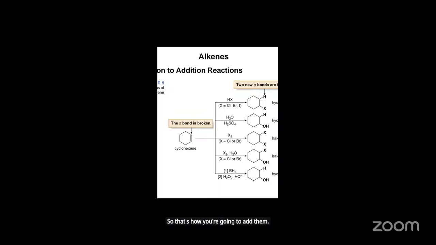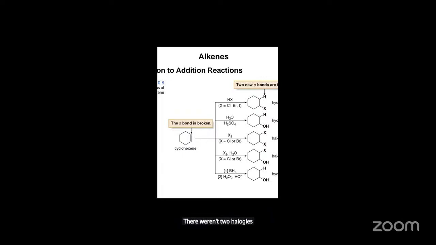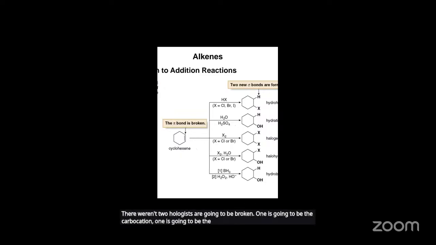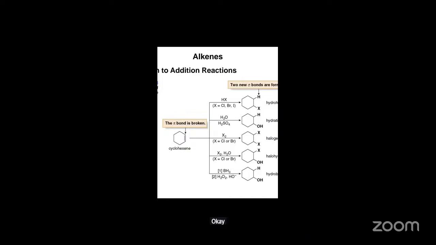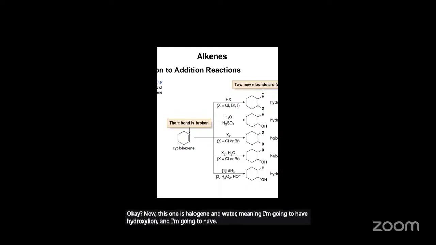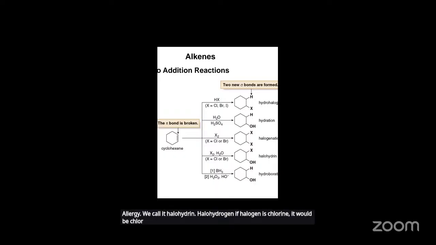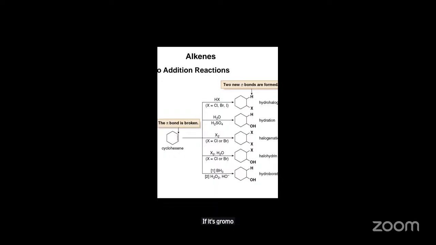Then water is going to break into hydrogen ion and hydroxyl ion. When two halogens are broken, one is going to be the carbocation and one the carbanion. When it is halogen and water, meaning I have a hydroxyl ion and a halogen, we call it halohydrin. If the halogen is chlorine, it will be chlorohydrin; if it's bromo, it will be bromohydrin.